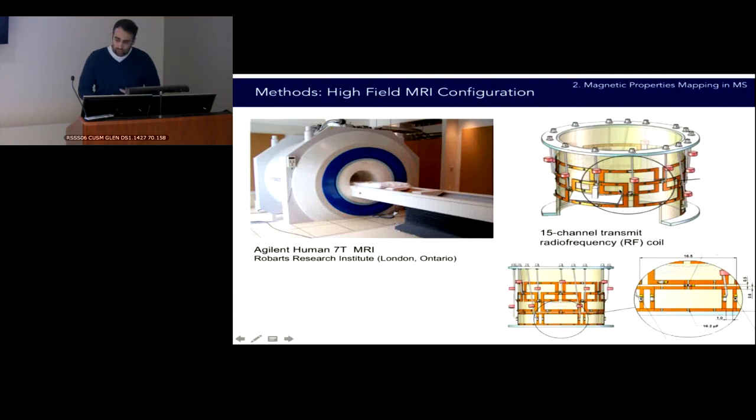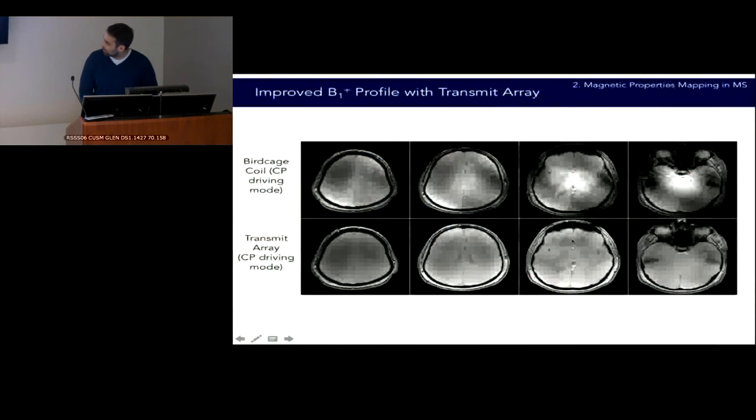And by doing that, by manipulating the magnitude and phase, we can improve our imaging somewhat. Some of the intensity biases aren't coming out great on this projector, but there's an improvement just by using the multi-transmit coil. We get rid of some of the center brightening as well as some of the dropouts in the ear canals. So if you want to do imaging in these areas and you're simply using a birdcage coil driven as it would be at 3T, you can't do that at 7T unless you take special steps.